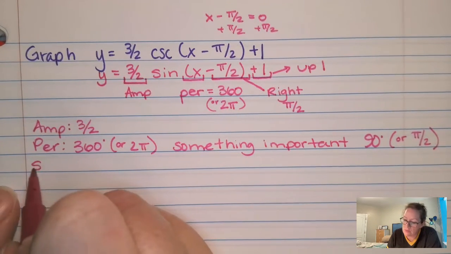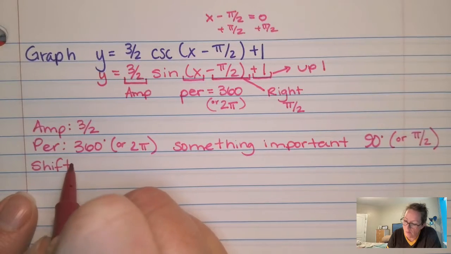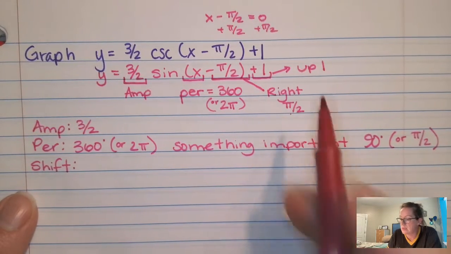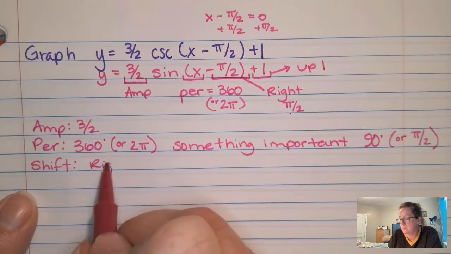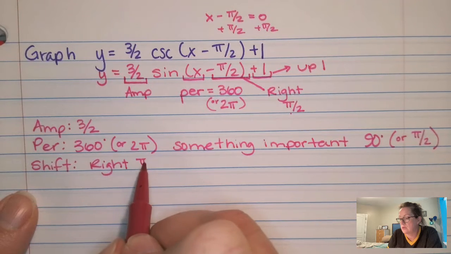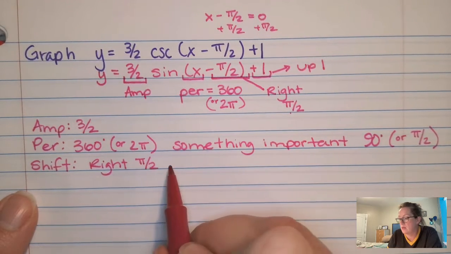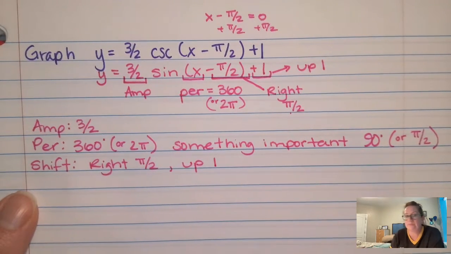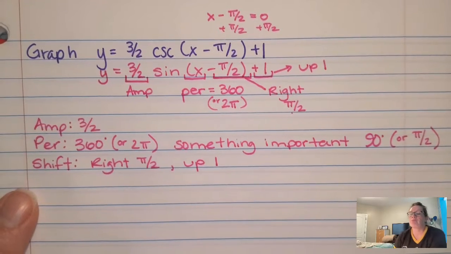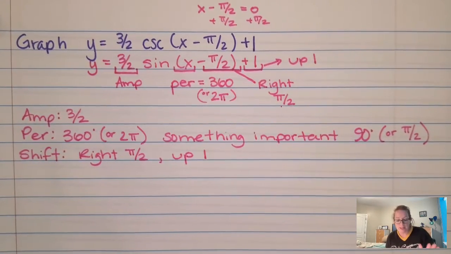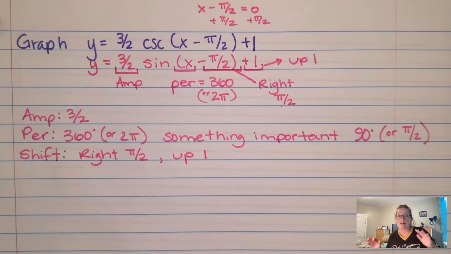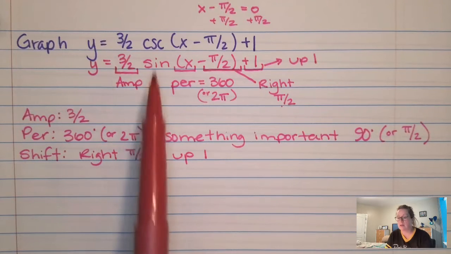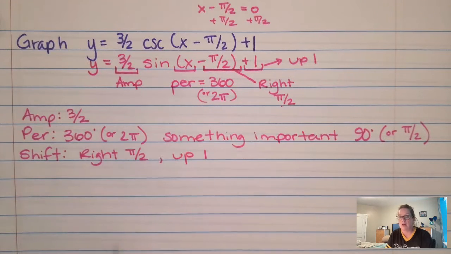And then we got these shifts. So we have right pi over 2, or 90 degrees, and we have up 1. Okay? So, just like we did before, I'm going to graph a sine. Just the regular sine with your amp and your period.